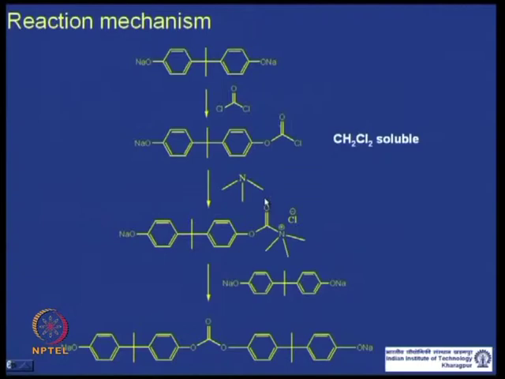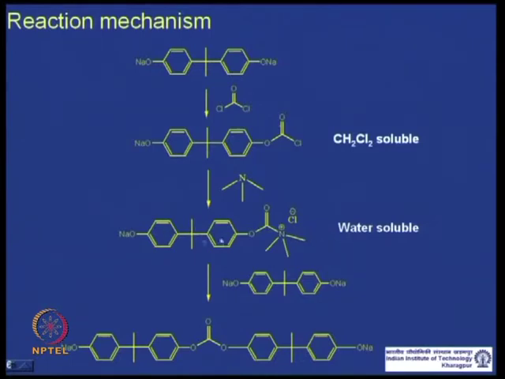An amine, say triethylamine or trimethylamine, is added in the organic medium, and when this reacts with this species, it forms a salt. Now, this is water soluble.